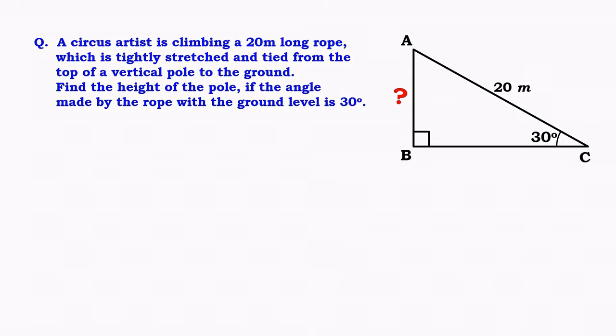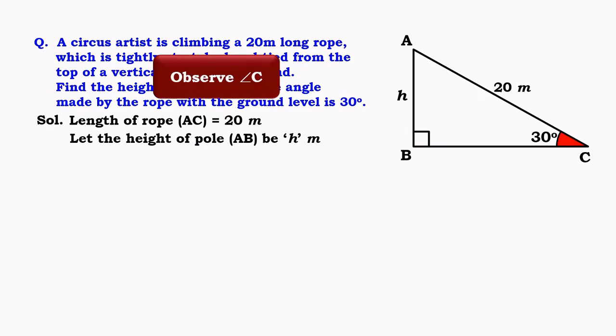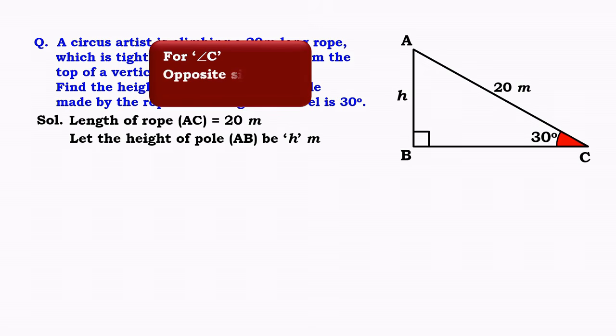Let's solve this question step by step. We are given that the length of the rope is 20 meters. Let the height of the pole be h meters. Now, let's observe the angle at point C, which is 30 degrees. With respect to this angle, the side opposite to the angle is AB, which represents the height of the pole.